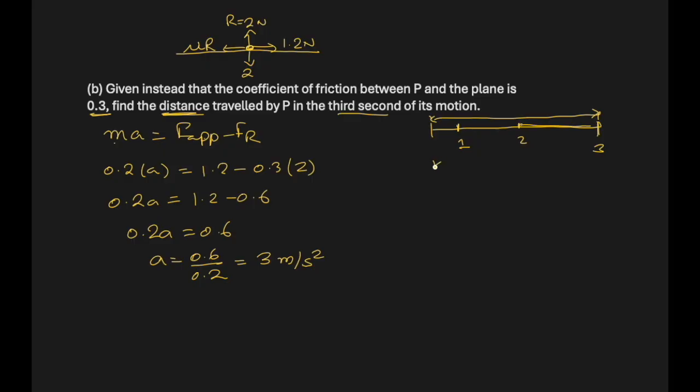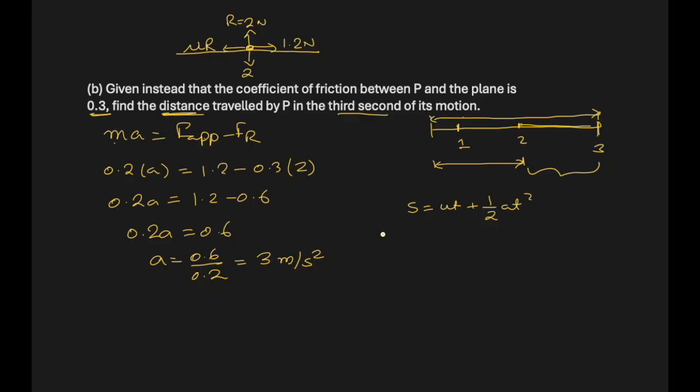Then I will find the distance traveled in 2 seconds, and I will subtract it from this distance, and I will get the one traveled in the third second. So S equal to ut plus half at square. This is what I'm going to use for both the cases.